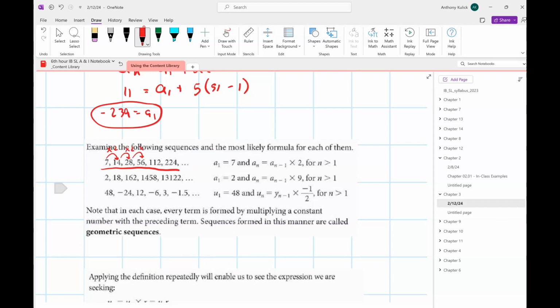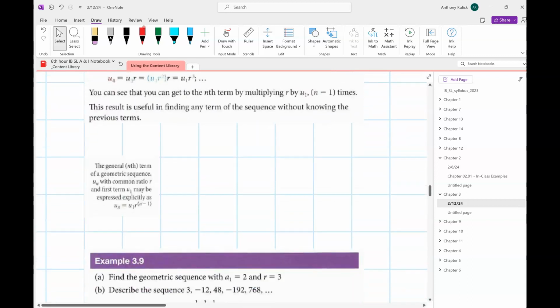So if the operation is multiplication, that's geometric. When you think about a geometric sequence and we graph that, what's it going to look like? Exponential, yeah. So when we hear geometric sequence, you think exponential function. Everybody's okay?